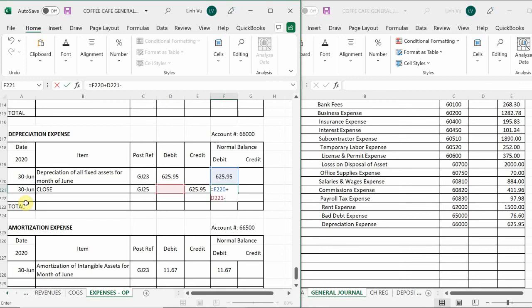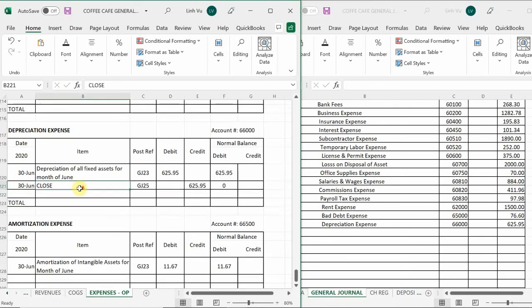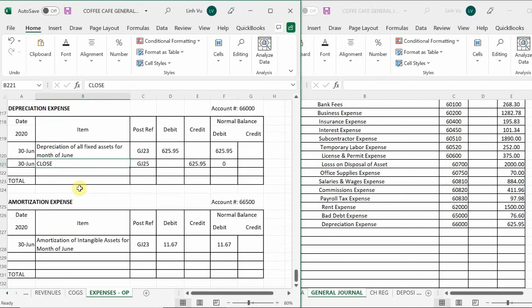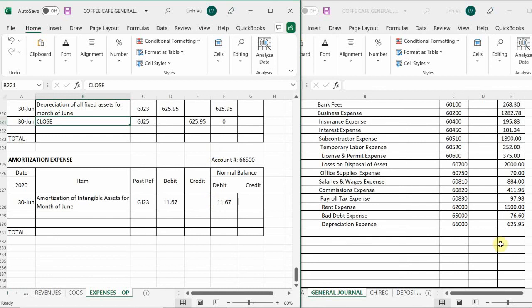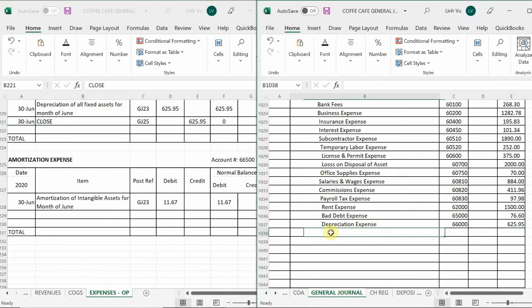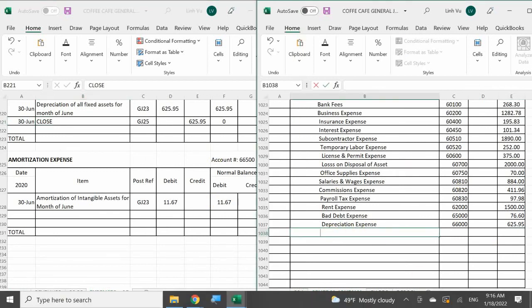Sorry about that. Right down to zero. And then our very last account in our expenses is the amortization expense for $11.67.